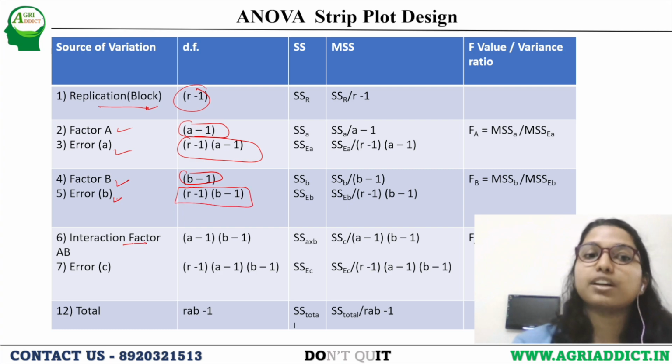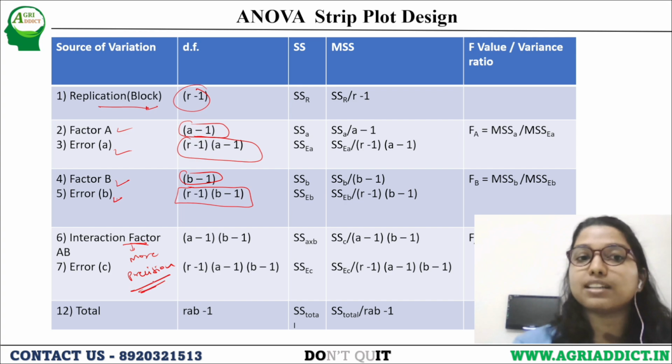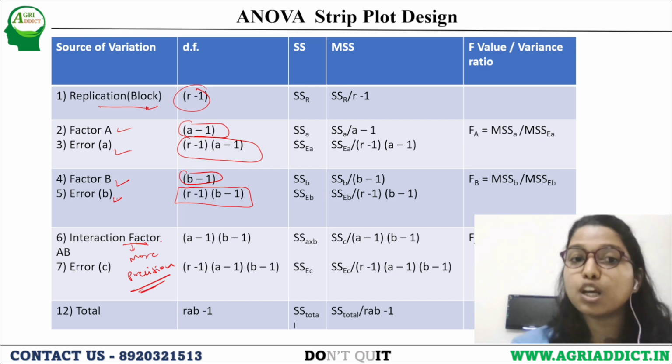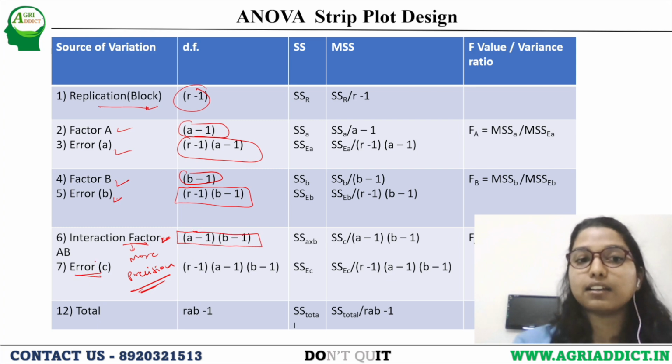Then comes the interaction factor, which has more precision. This is important. You should remember this, because they can ask in strip plot design which factor has more precision. So the interaction factor will have more precision. The degree of freedom of the interaction factor will be (A minus 1)(B minus 1). The interaction AB will have a different error degree of freedom, which will be (R minus 1)(A minus 1)(B minus 1).